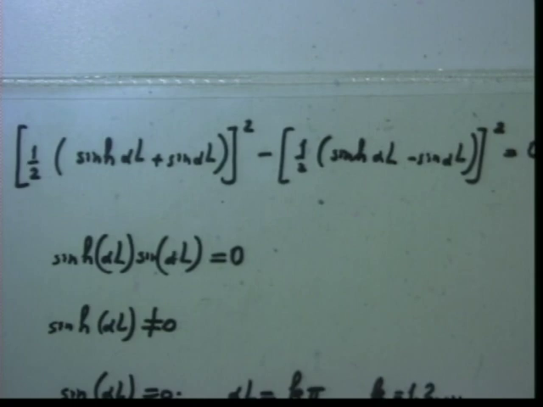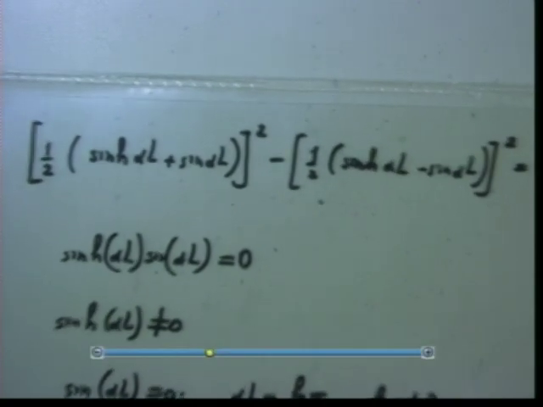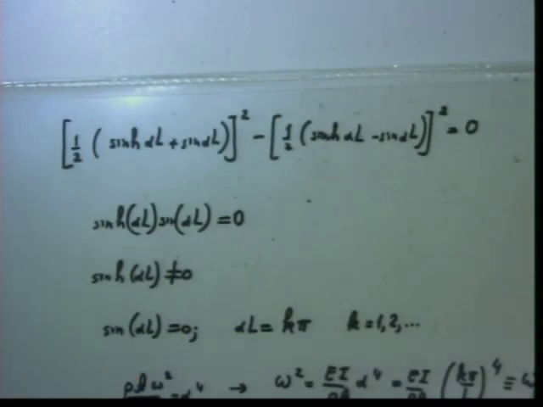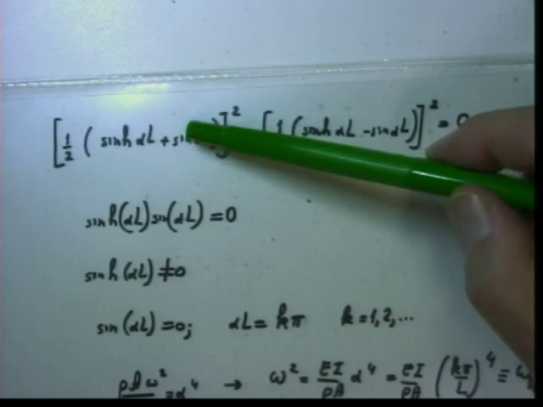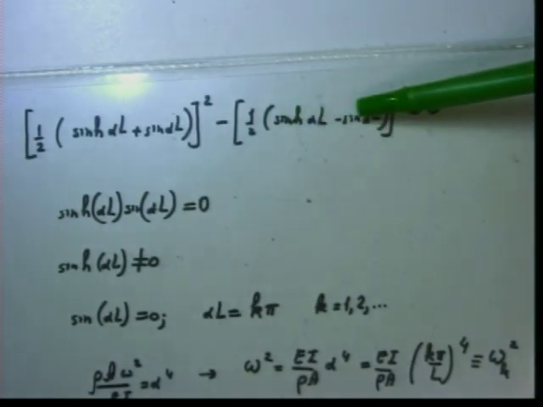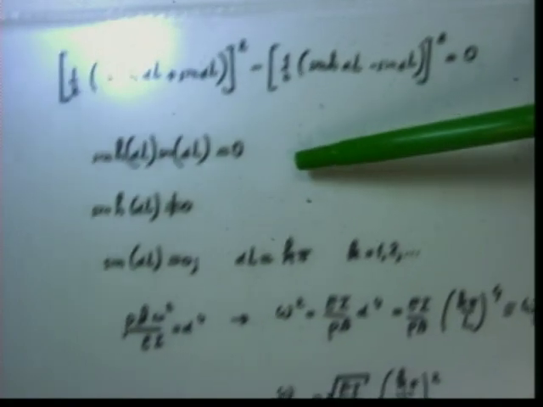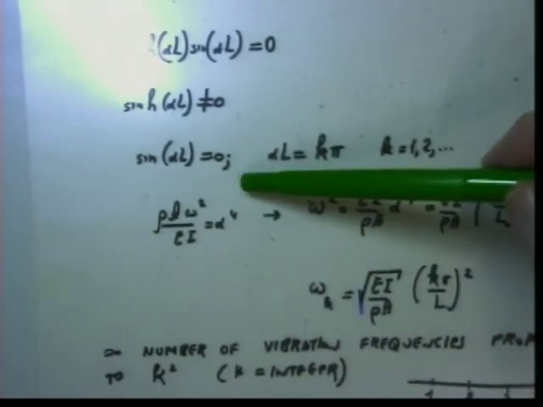And we had this expression: 1/2 hyperbolic sine plus trigonometric sine plus hyperbolic sine minus sine squared. And we got sine alpha L equals 0.